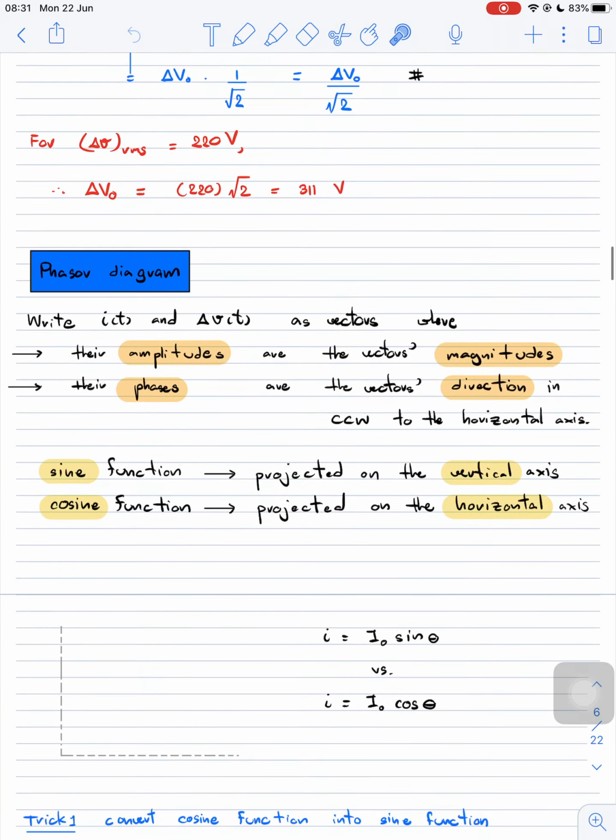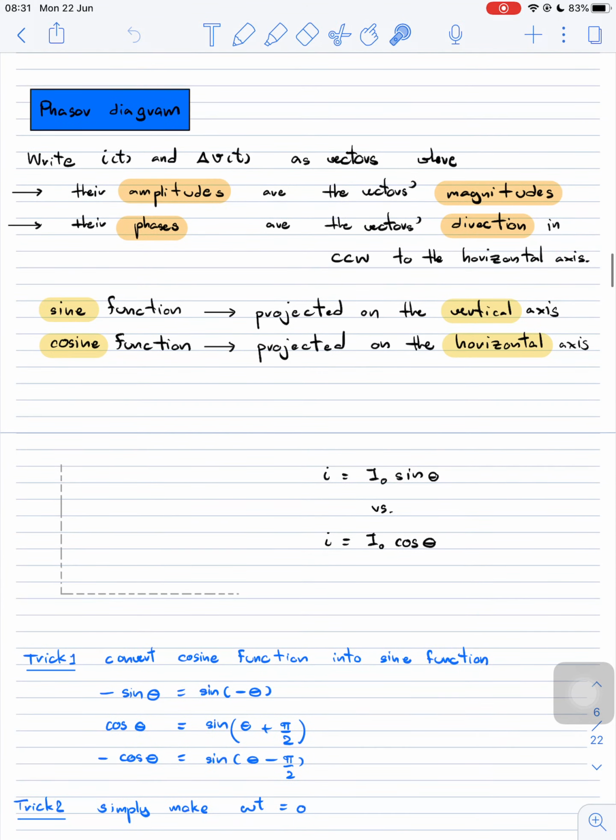I guess that you have learned the idea of the phasor diagram from Physics 1 already. The idea is we just want to write down the current and the potential difference as vectors. When we talk about vectors, they have amplitude or magnitude, right? And they have direction, okay?